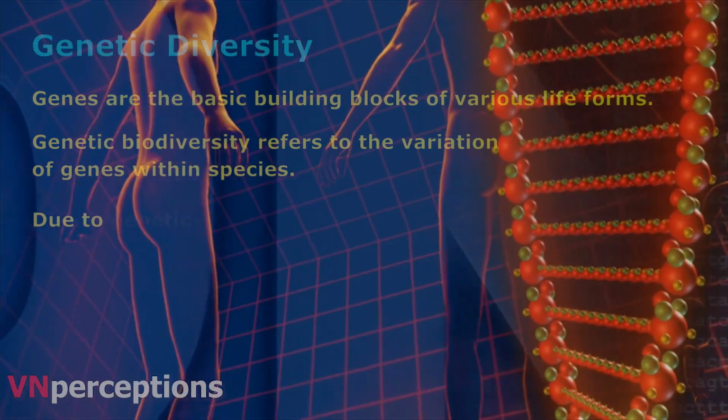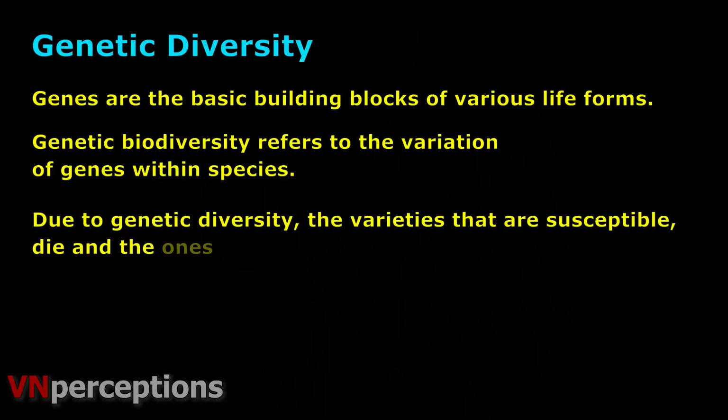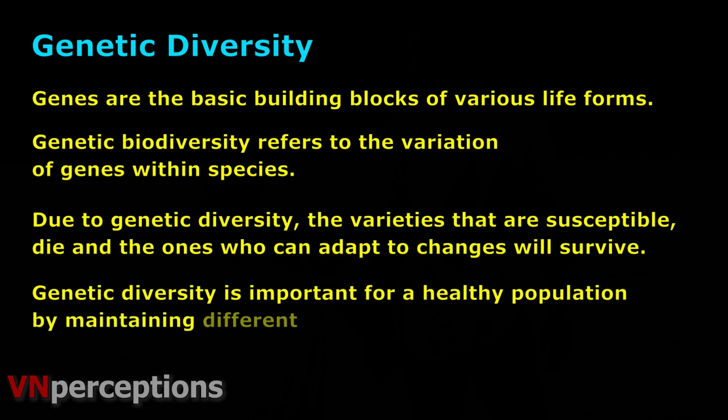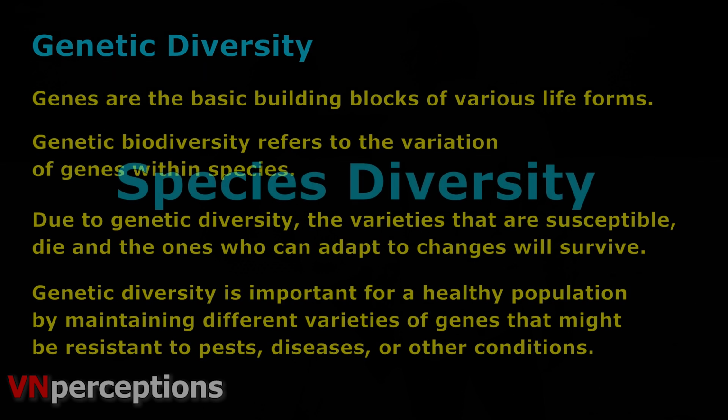Due to genetic diversity, the varieties that are susceptible die and the ones that can adapt to changes will survive. Genetic diversity is important for a healthy population, by maintaining different varieties of genes that might be resistant to pests, diseases, or other conditions. Then it is species diversity.